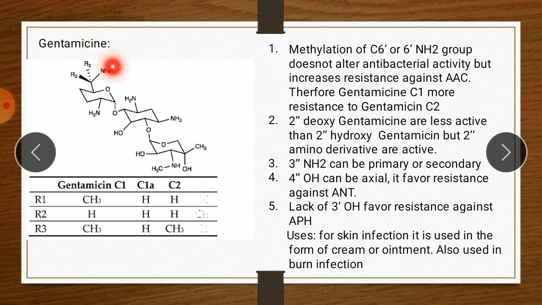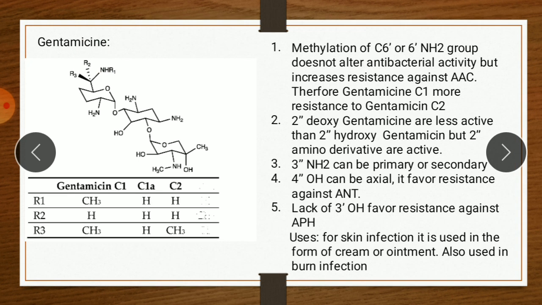In case of gentamicin C1, R1 equals methyl group, R2 equals hydrogen, and R3 equals CH3. In case of C1A, all R1, R2, R3 equal H. In case of gentamicin C2, R1 equals H, R2 equals H, R3 equals CH3.